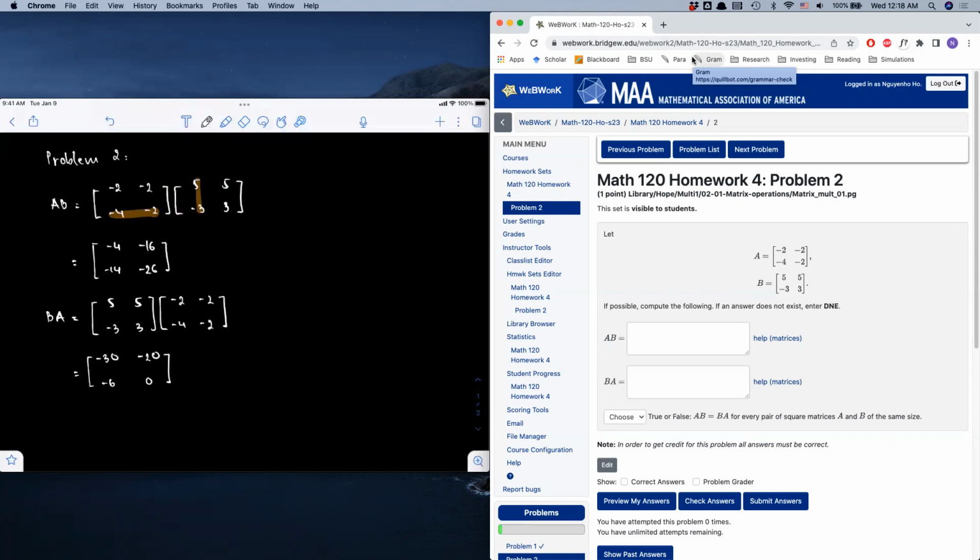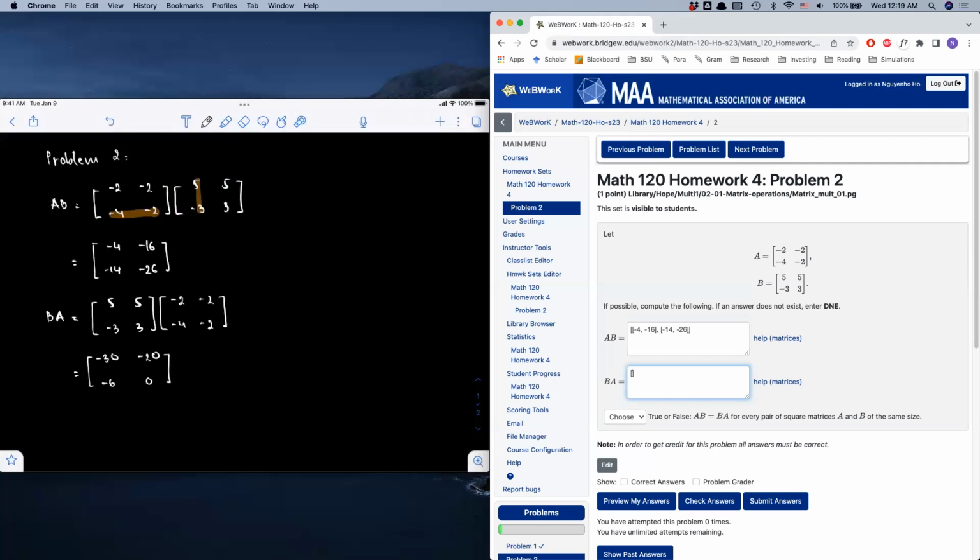Now I'm going to enter this result into WebWork, using the notation we just learned from problem 1. The entry should be -4, -16, then move on to the second row: -14, -26.